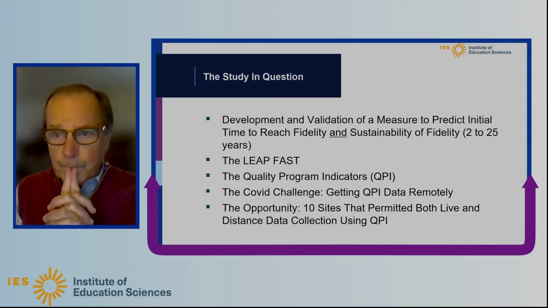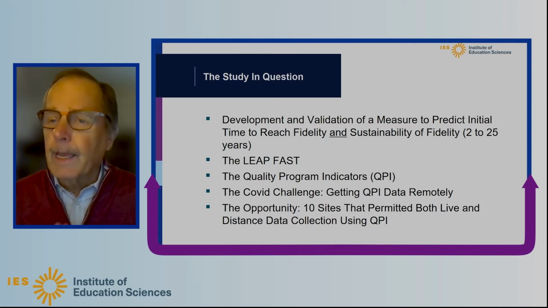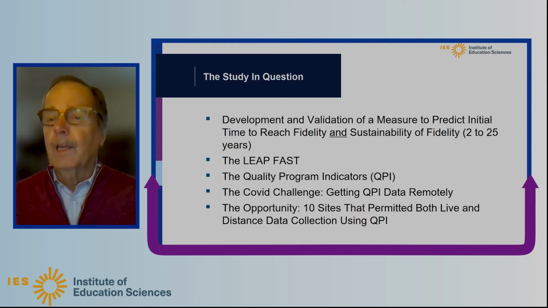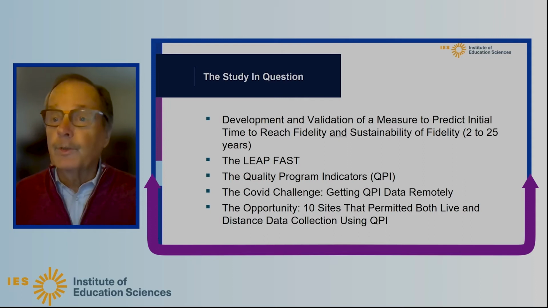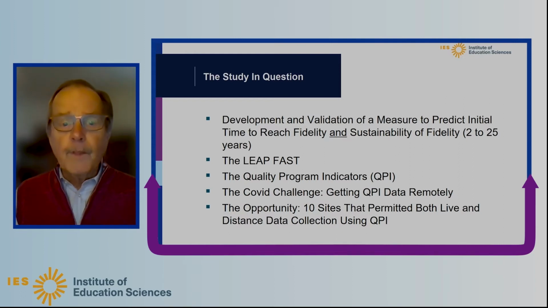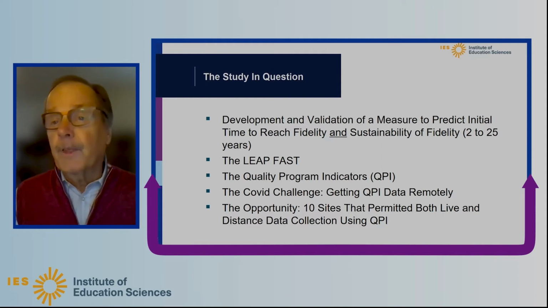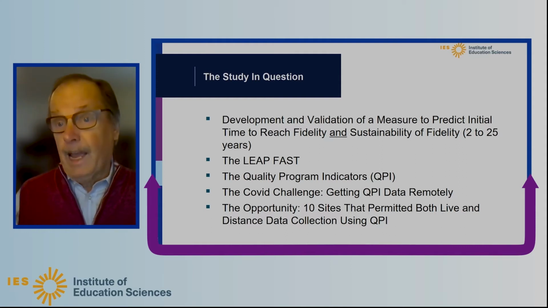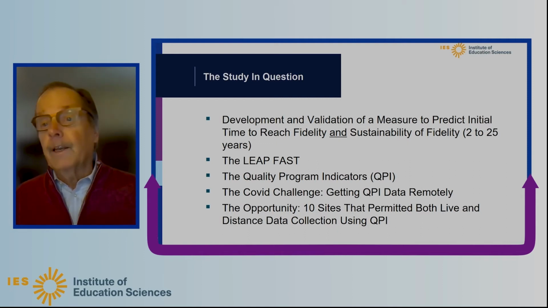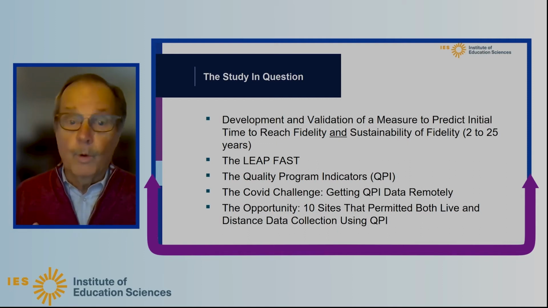So let me tell you a couple of things about the measures that were utilized in this study. Not all the measures, but the ones that are particularly relevant for this presentation today. The measure of fidelity and sustainability is something that we've come to call the LEAP FAST, the Fidelity and Sustainability Tool.